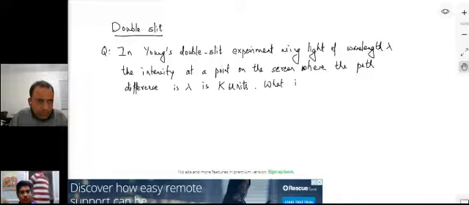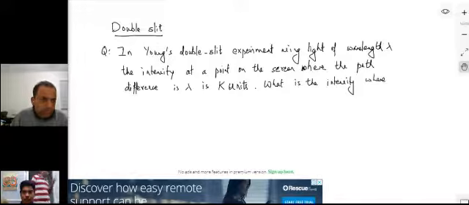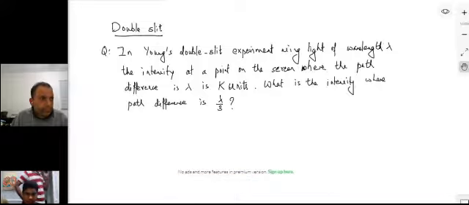Hey, it's good. It's lambda over 3, I think. Yeah, lambda over 3. Right.